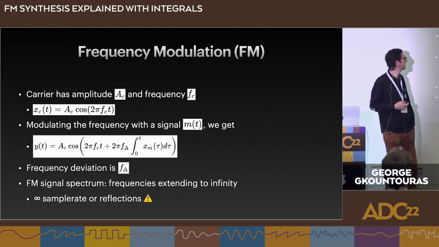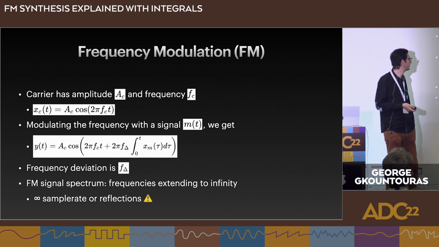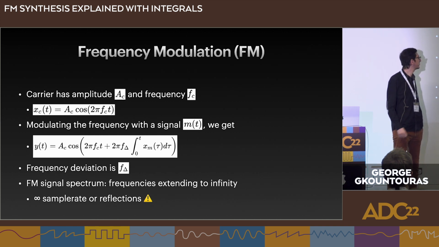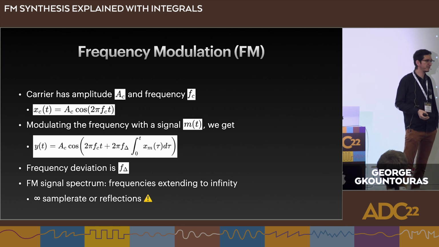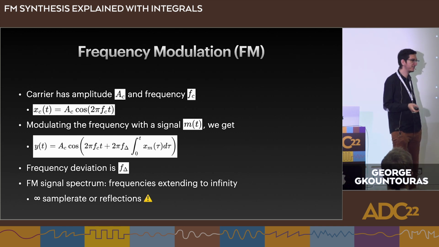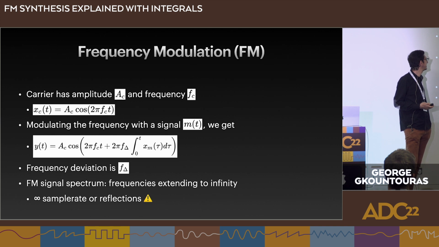Again, the math for frequency modulation, same thing, except this time, instead of modulating the phase, we're modulating the frequency of an oscillator. Again, for simplicity, we're using sines, but we're going to see that it can be any waveform.